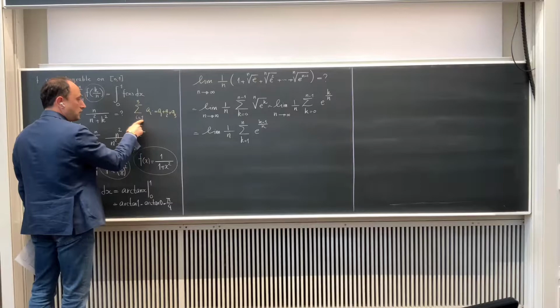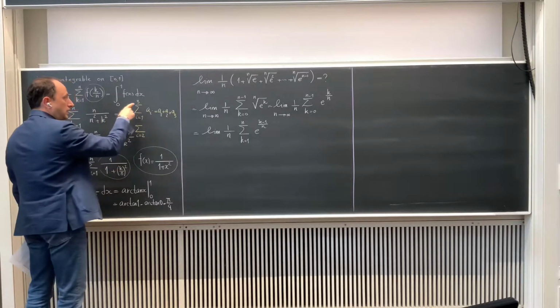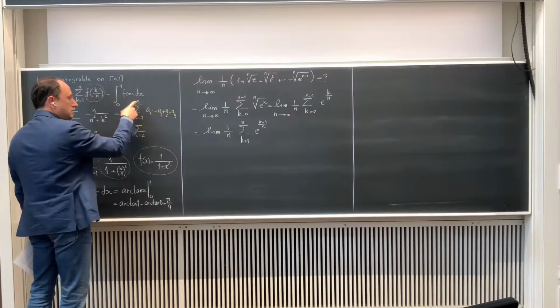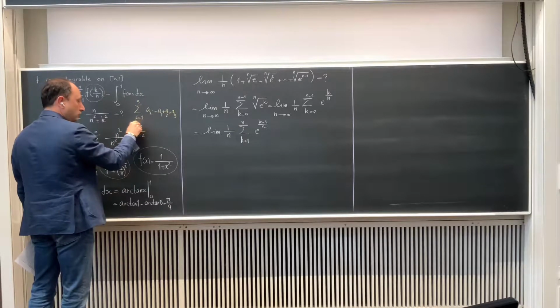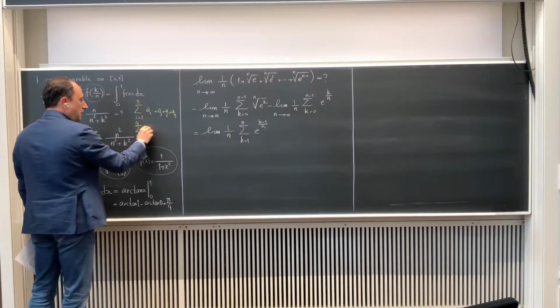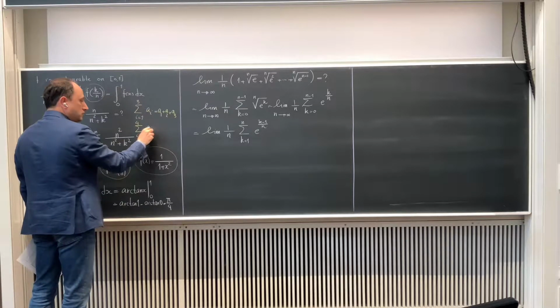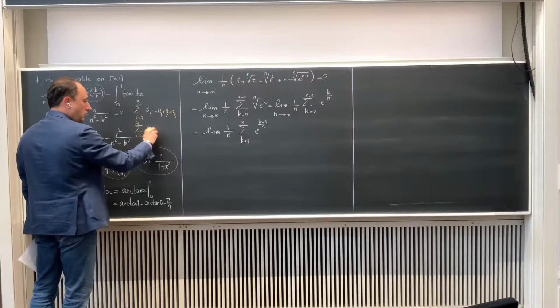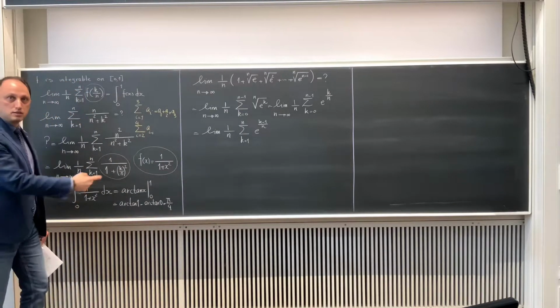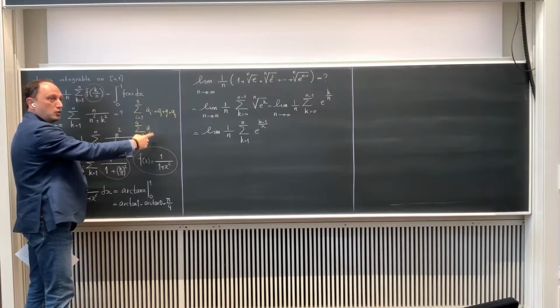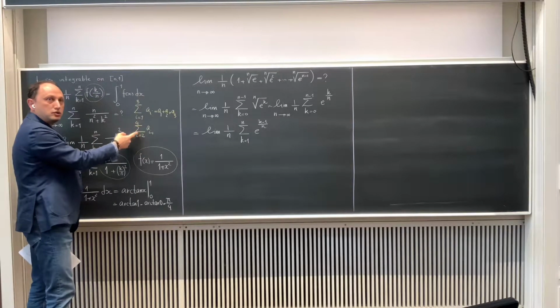Instead of starting from 1, I start from 2. And I add 1 unit to the upper limit. Instead of ending at 3, I end at 4. But then I subtract 1 unit from the counter inside the sigma. So instead of writing a_i, I write a_(i minus 1). This minus 1 will compensate for my addition to these limits.